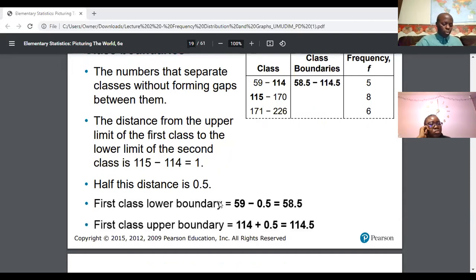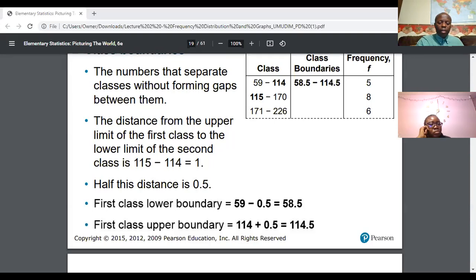Let me show you mathematically. The upper class limit of the first class, you subtract it from the lower class limit of the second class. So you have 115 minus 114, divided by 2.